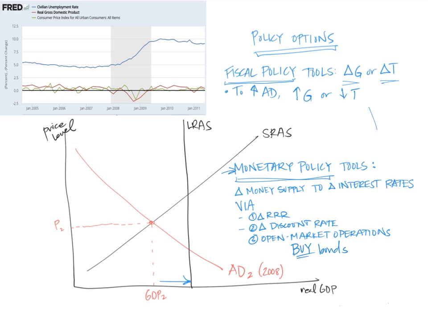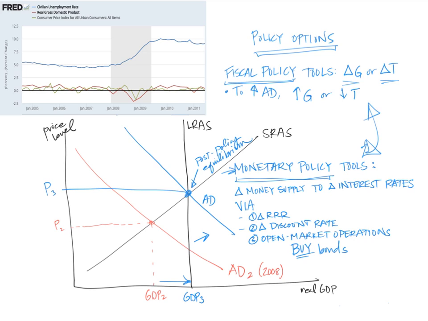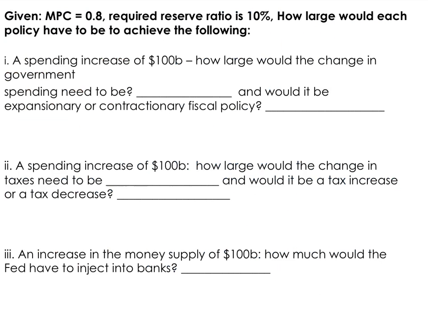And a combination of those, or one or the other, you're going to get an increase in aggregate demand and get yourself out of that recession. Price goes up, and GDP also goes up. That is your post-policy equilibrium.